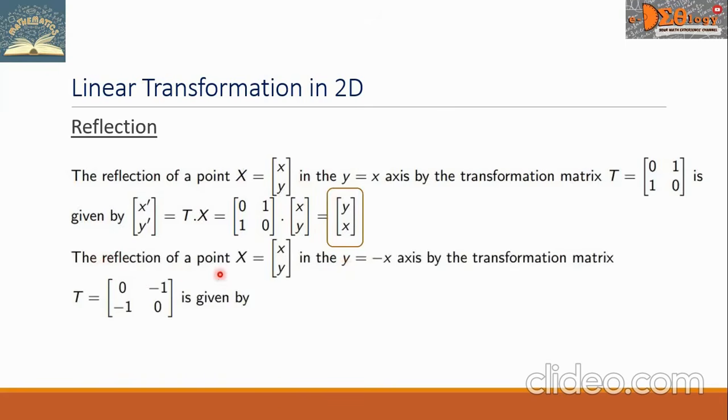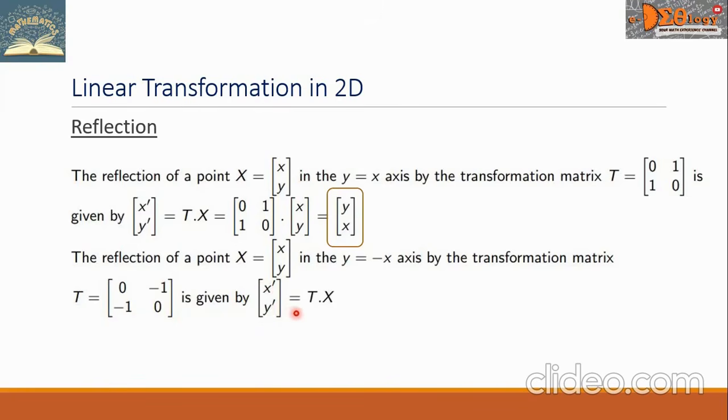The reflection of a point X equals the column matrix x y in the y equals negative x axis by the transformation matrix T equals the 2 by 2 matrix 0, negative 1, negative 1, 0 is given by the new point, the column matrix x prime, y prime respectively.